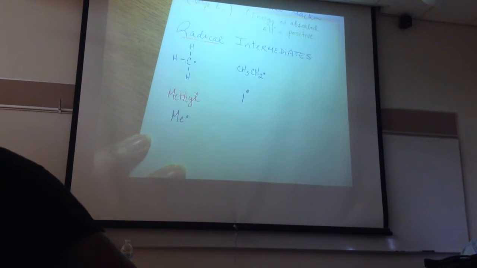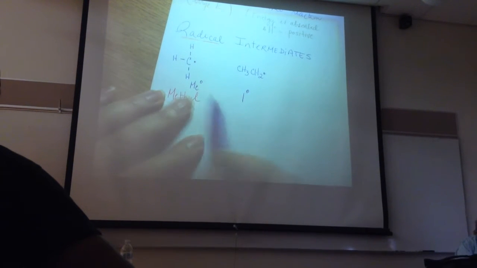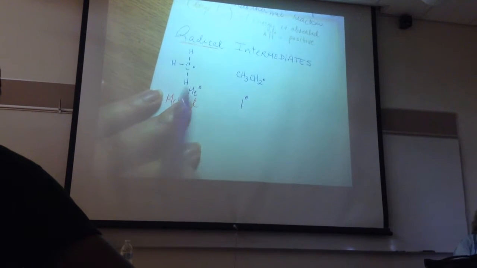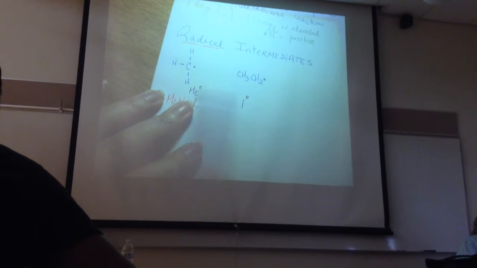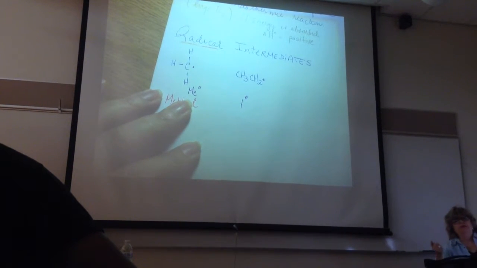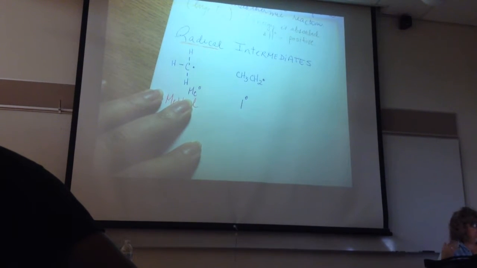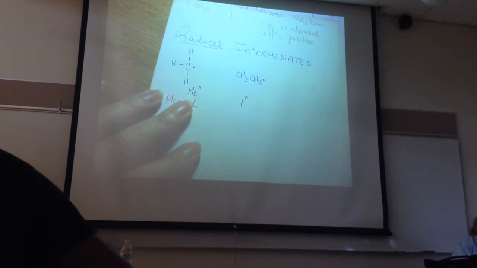I'm going to put the methyl up high so people see the difference. There's only one methyl, but you could have a primary radical produced from ethane, from propane, from butane, from pentane, from all of that.